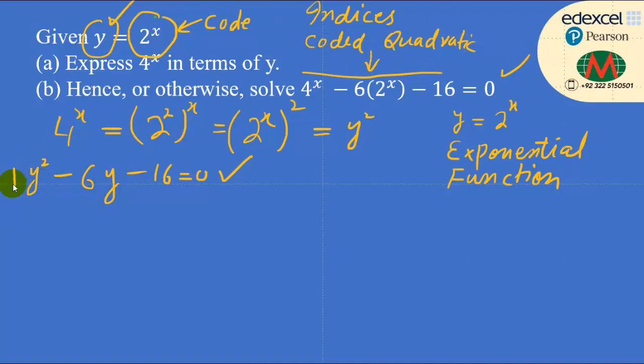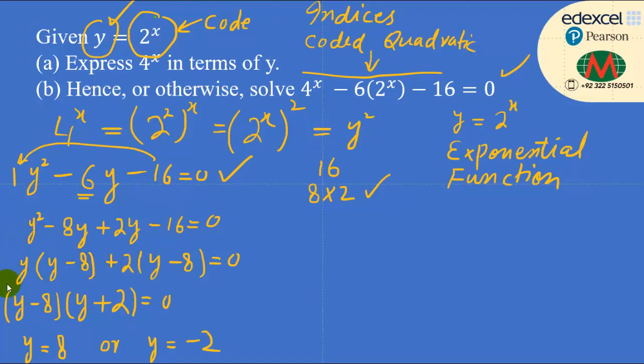If you multiply this 16 with this 1, we have 16. So let's find the factors of 16 so that when we add or subtract, they will give us minus 6. So 8 times 2 is 16, and if you subtract 8 from 2, you will get minus 6. So this pair of factors will work.